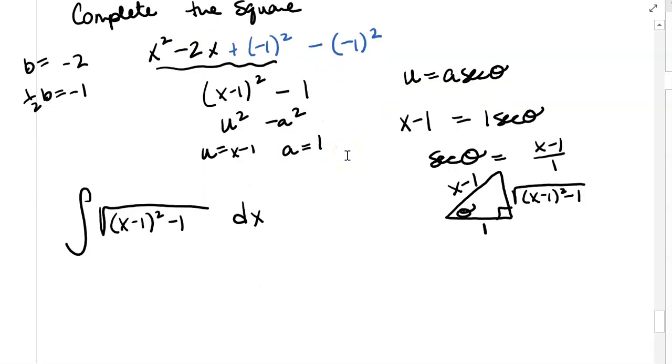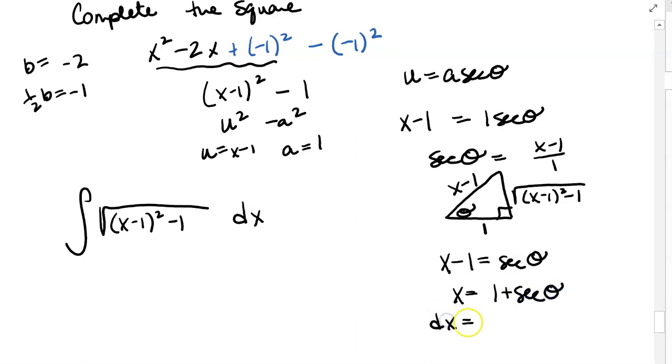So now I've got to make some substitutions. I can see that we know that x minus 1 equals secant of theta. So x is going to be 1 plus the secant of theta. Dx would be 0 plus secant of theta tangent of theta.